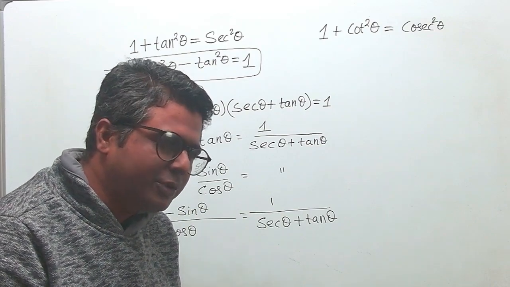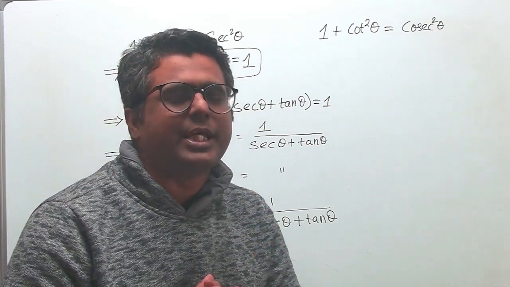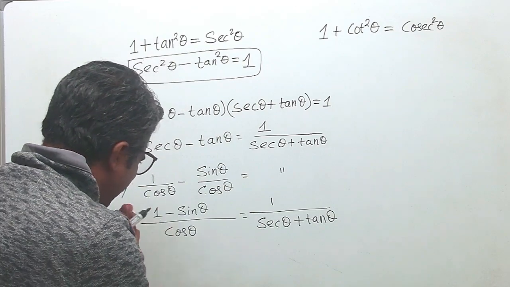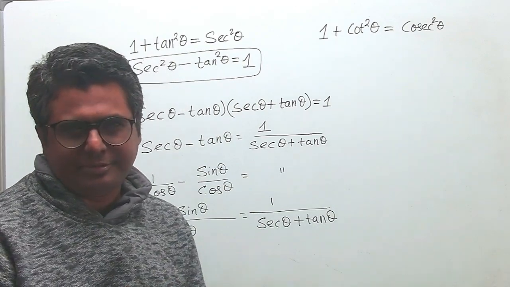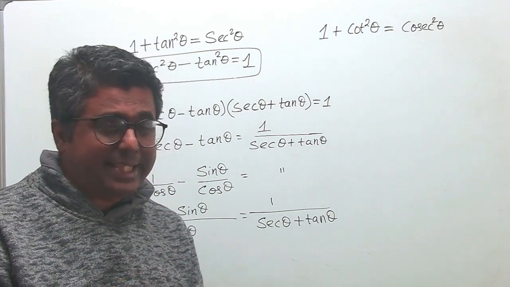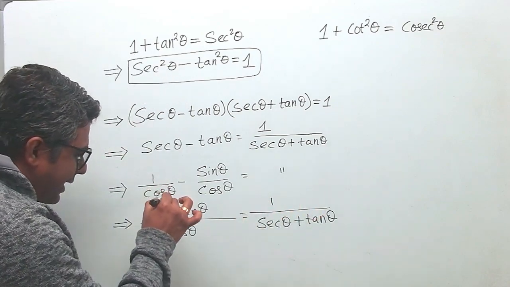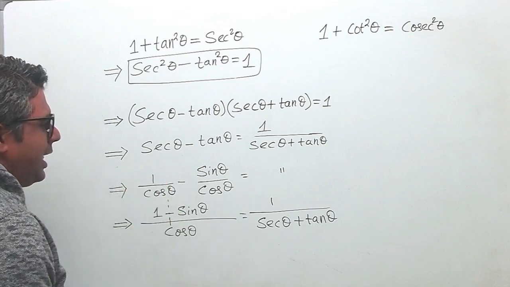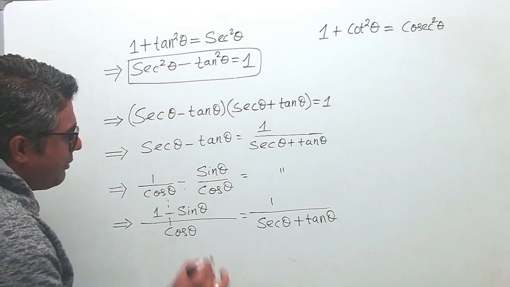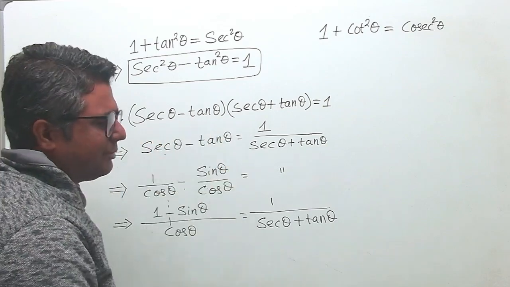Kick out everything that you don't need and bring everything that you need. You don't need sine and cos, you need sec and tan on the right hand side. What will I do? I am going to break this open like this. I am going to get this, and from here I can easily get sec theta minus tan theta, right?